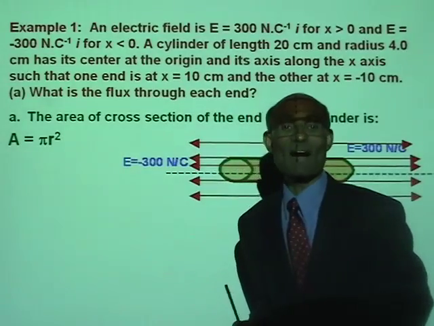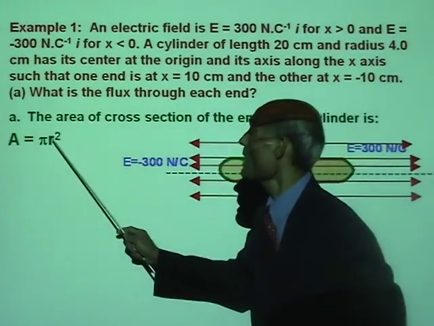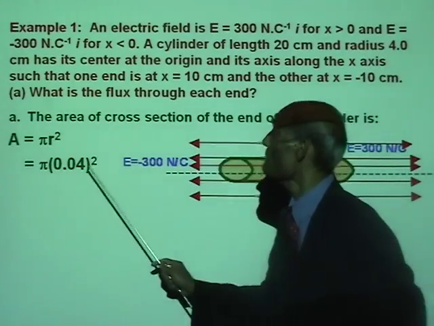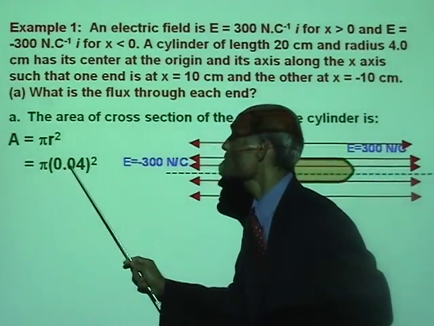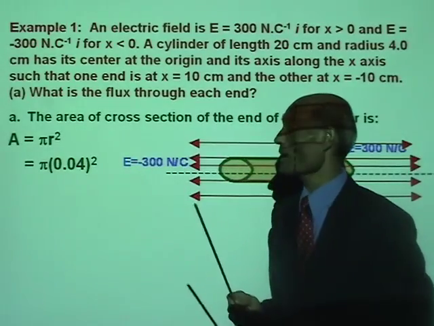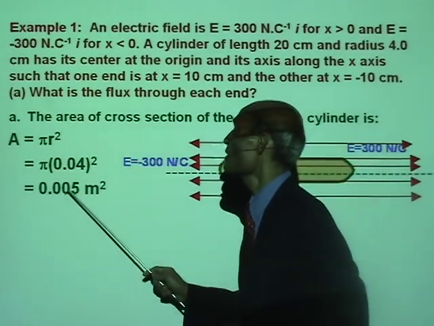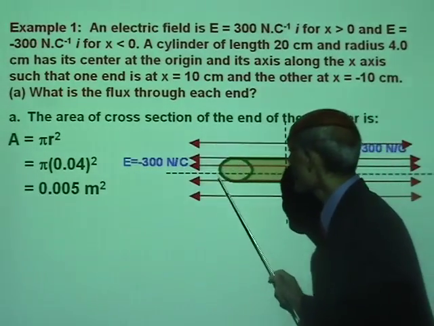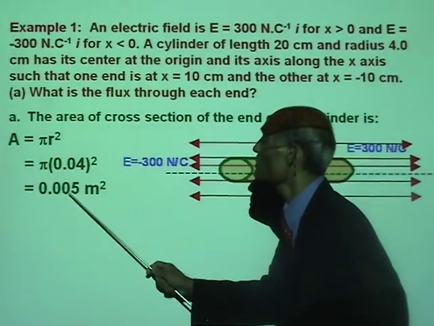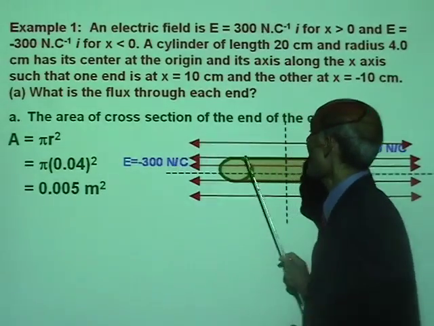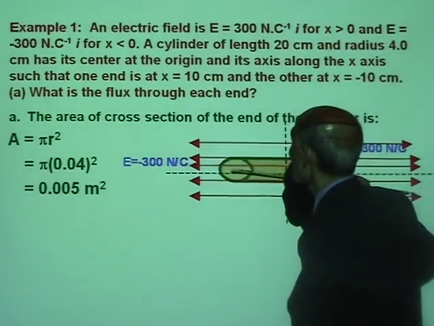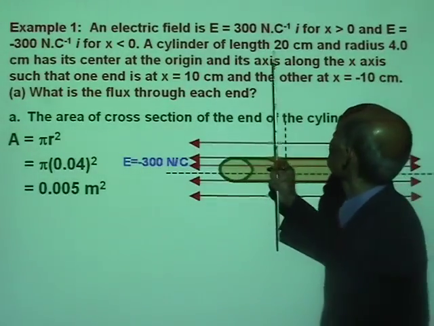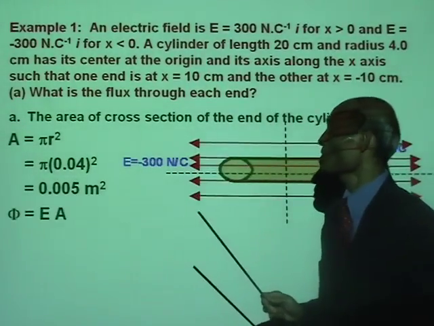A equal to pi r squared, where r is 0.04 meter. That will be pi times 0.04 squared. That is 0.005 meters squared. So this area is 0.005 meters squared. And the electric field crossing that area at right angles is 300 Newton per Coulomb.